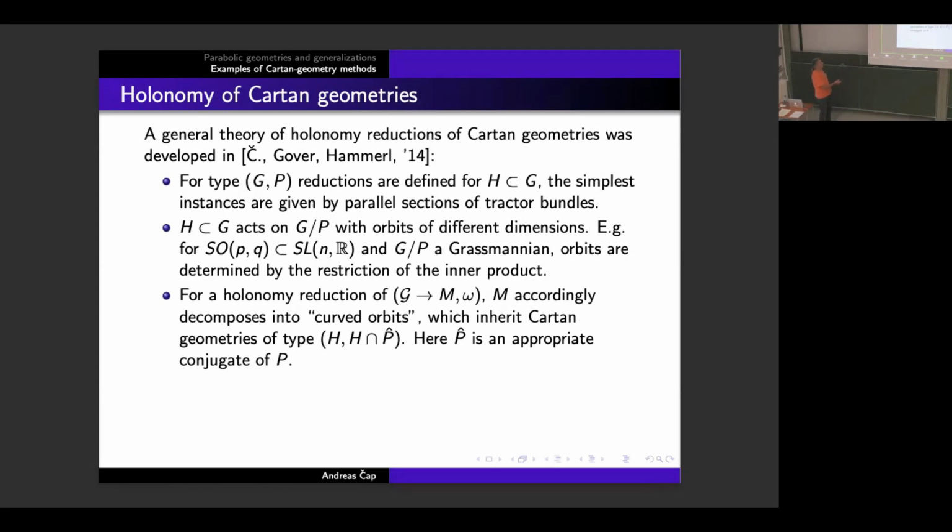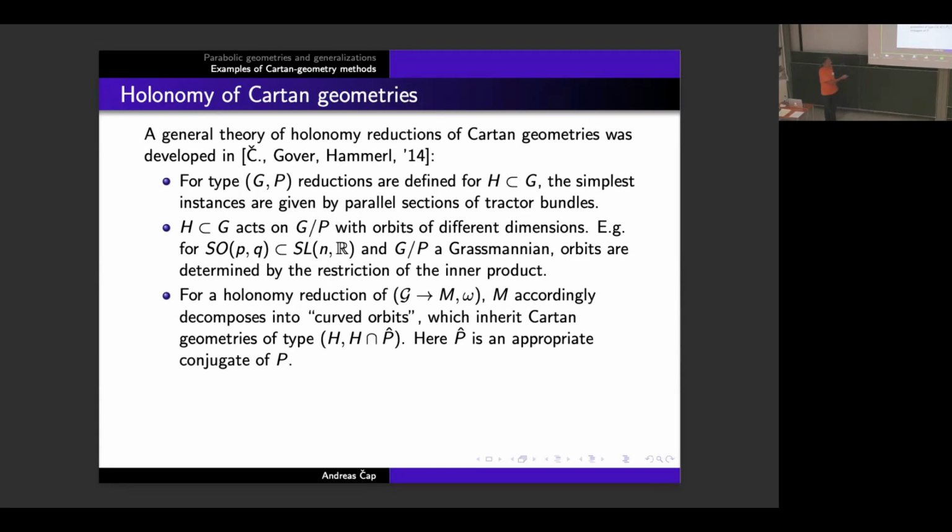So if you have a holonomy reduction of a Cartan geometry to this structure group H, then the underlying manifold accordingly decomposes into what we call curved orbits, because these are just the curved analogs of the H orbits up there. These curved orbits inherit Cartan geometries of different types because they live in different dimensions. And you can actually understand all these geometries and all these orbits from just looking at the homogeneous model.